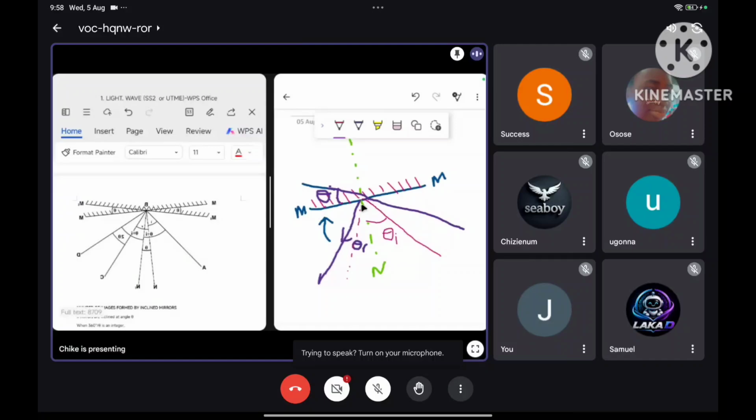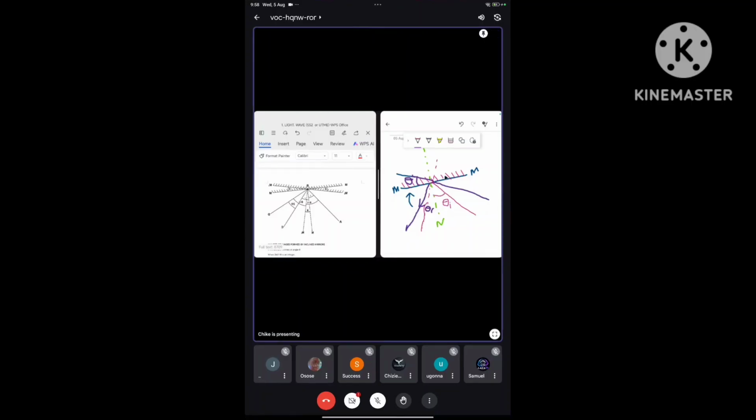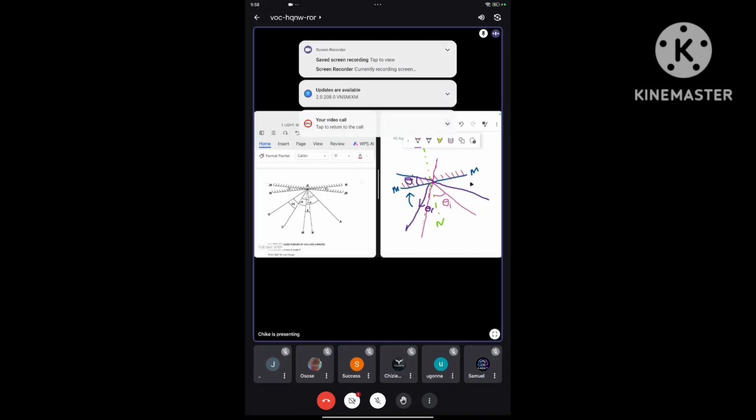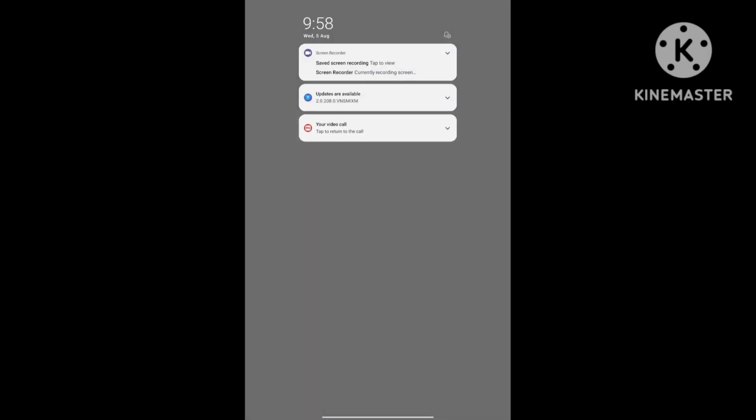So this is its own normal line. All right. So this is the new normal based on the new position of the mirror.